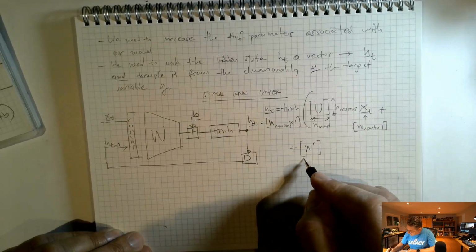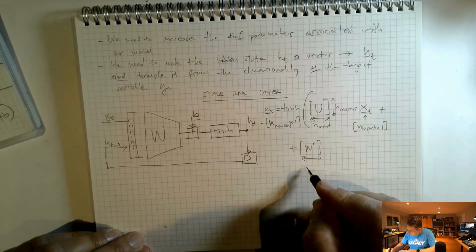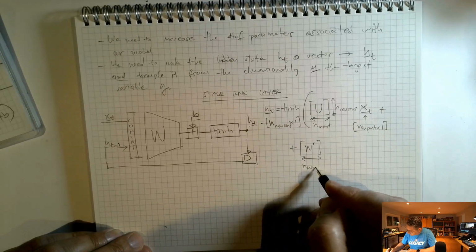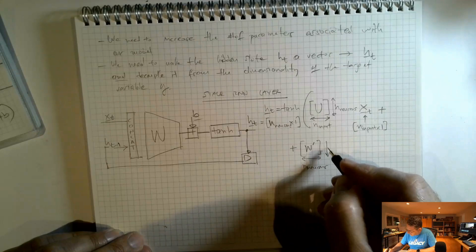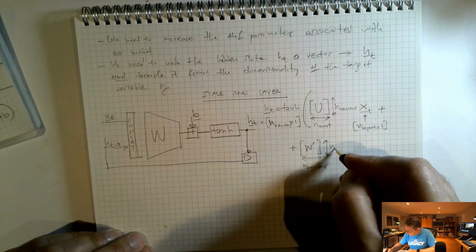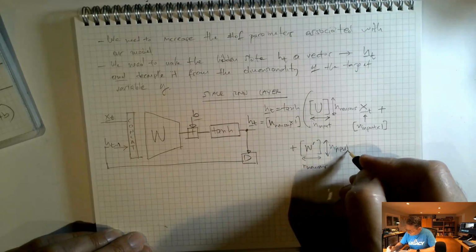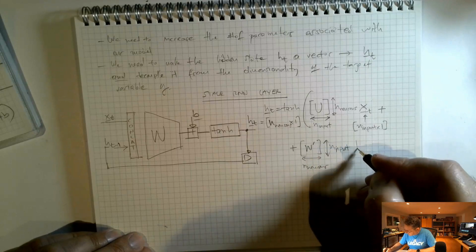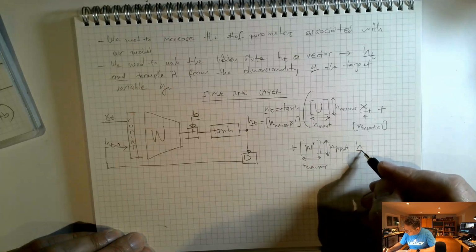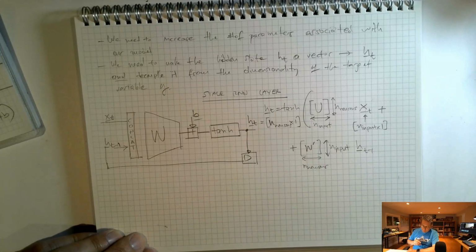This matrix W prime will be n neurons by n input, and it will multiply this h of t minus 1 state.